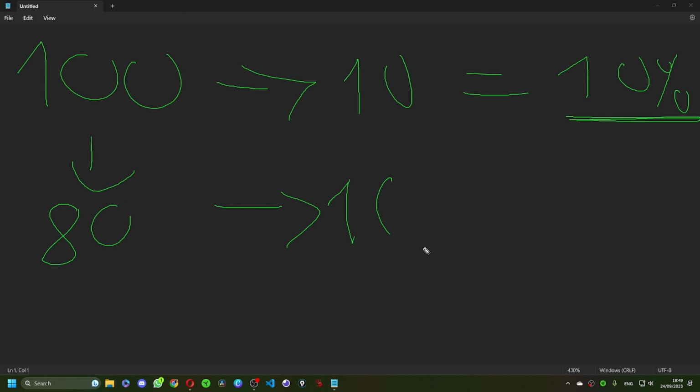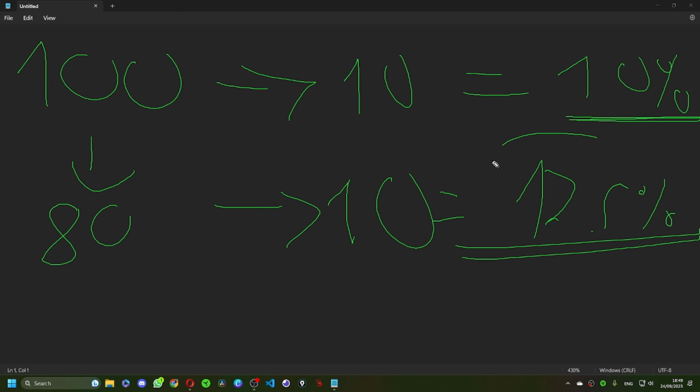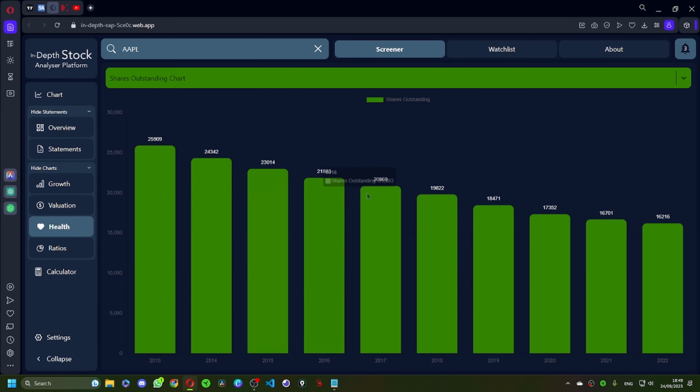You still own 10 shares, right? So now you own 12.5% of the shares. That means now you are owed 12.5% of the dividends. That's kind of huge because you don't have to do anything, and the company kind of just gives you more money by buying back their shares. And you just own more of the company.